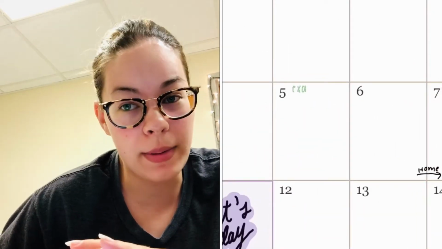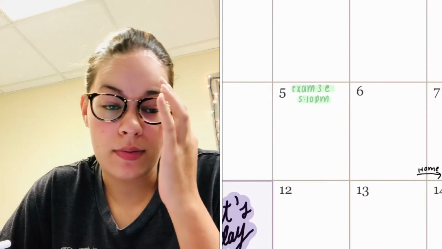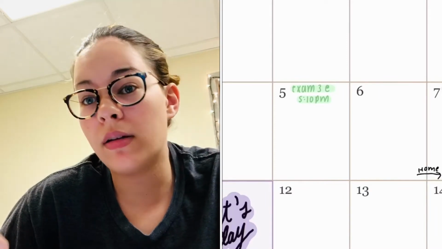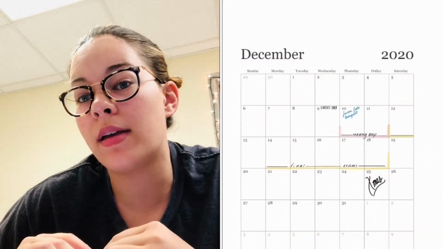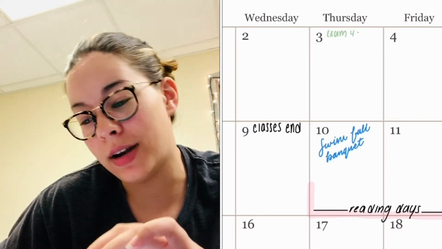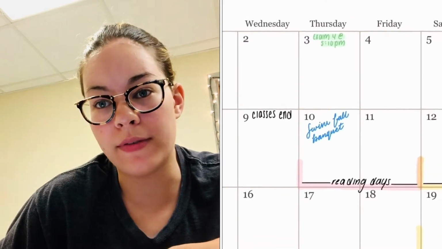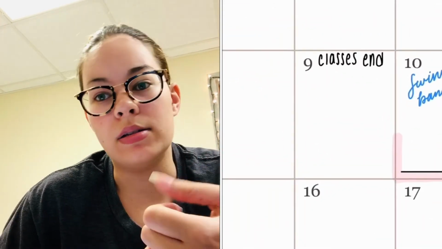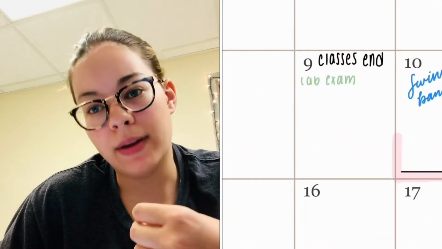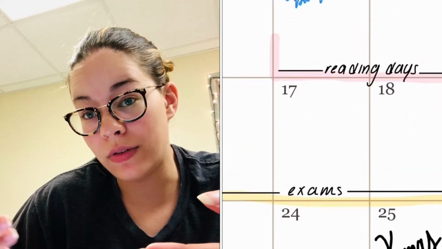So I like to have all my bases covered, and even what I would do in a normal semester, if I got a planner, is I would write in my digital planner and my physical planner, and I would carry both of them, but I would usually use my physical planner, and I leave it out on my desk open so that I can see what I have to do for the day.